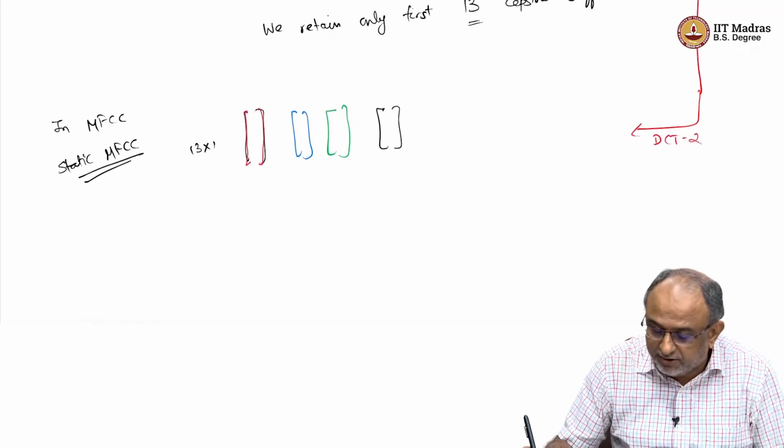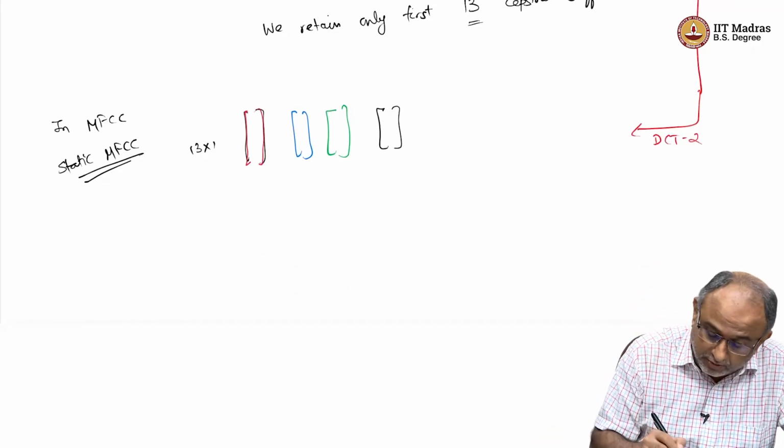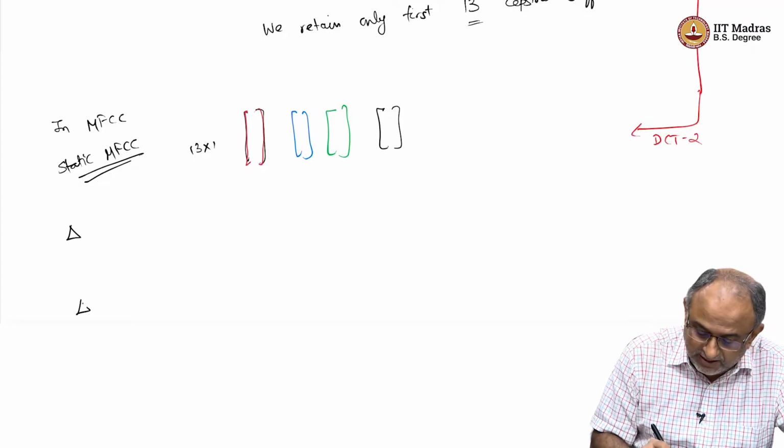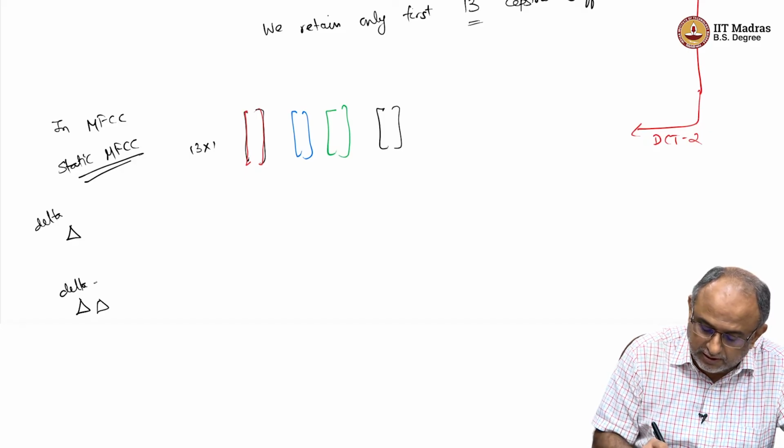Then, along with the static coefficients, we have something called delta and delta-delta.